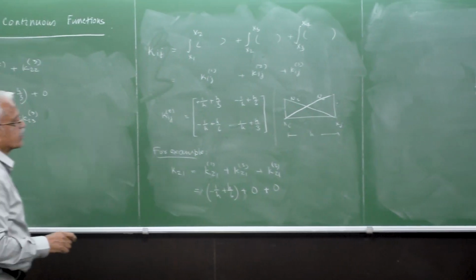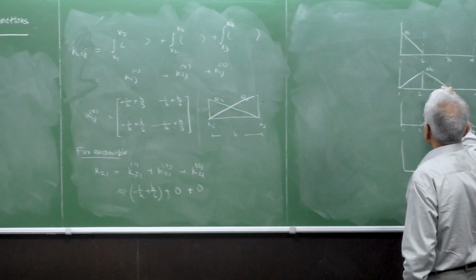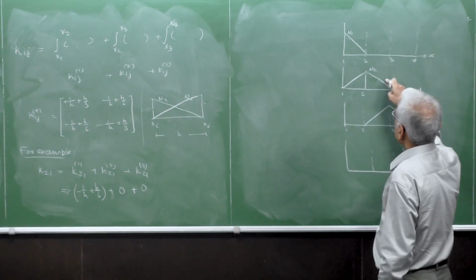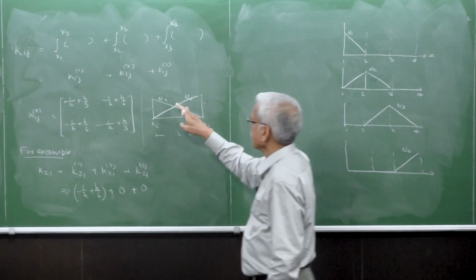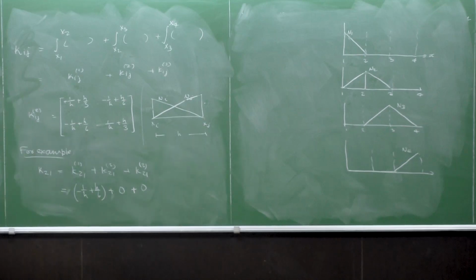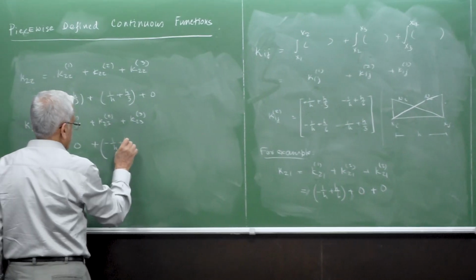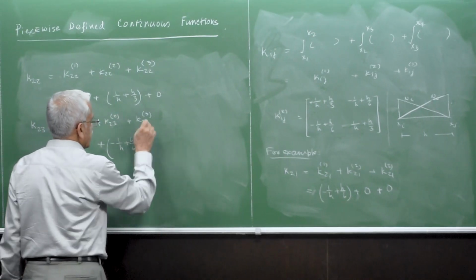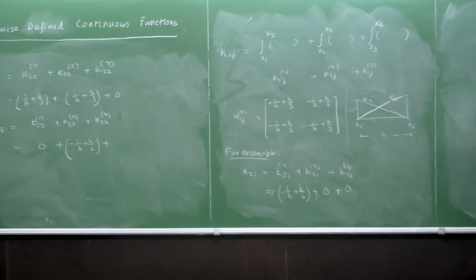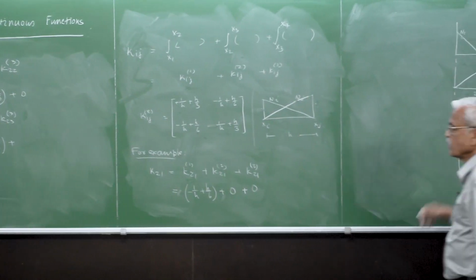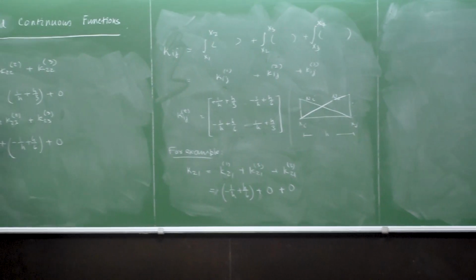And K23 coming from element 2: we have N2 as well as N3 like this one. So that means it is equal to Nij combination cross product, so it's minus 1 by h plus h by 6. And K23 coming from element 3, which is N2 and N3: N2 is 0, though N3 is non-zero, so the product is 0. Okay, so this is 2, 3.